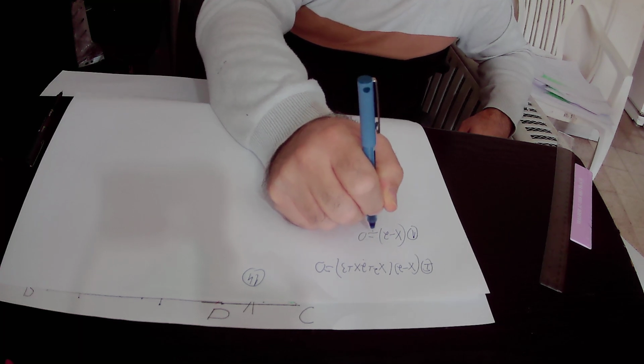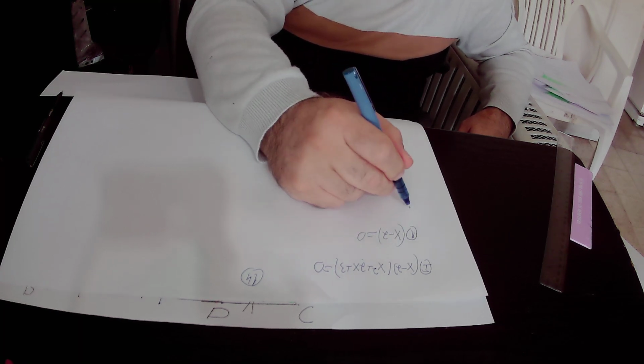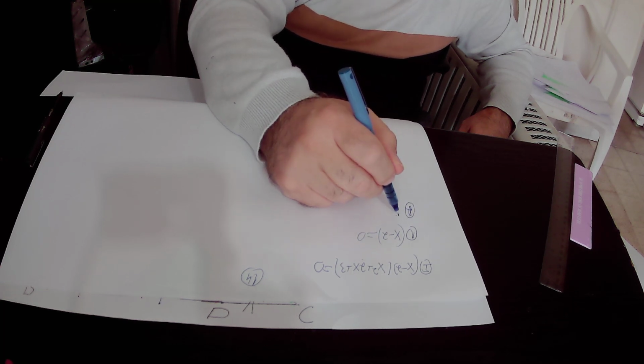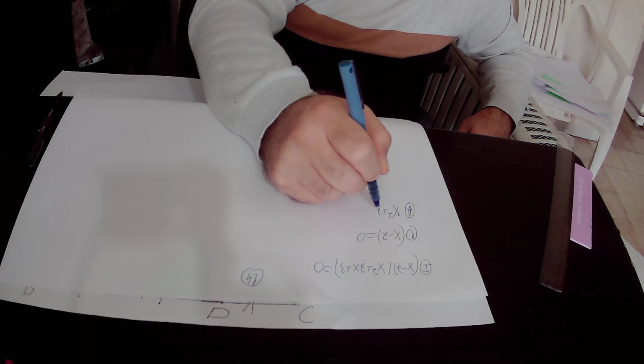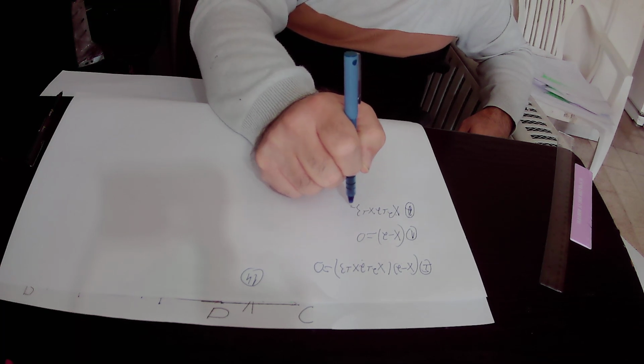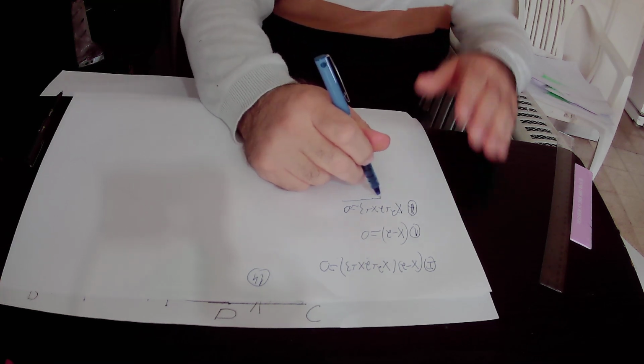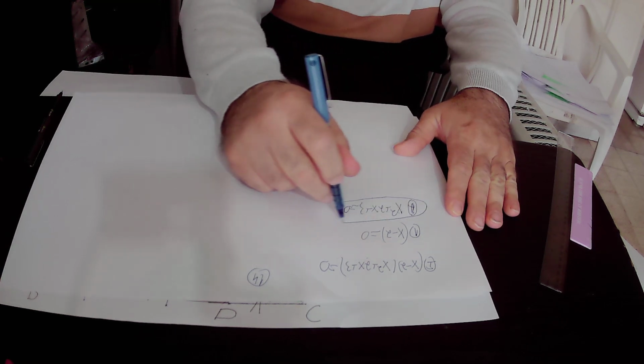And the second solution is the quadratic equation x squared plus 2x plus 3 equals 0. And we will focus on this second solution.